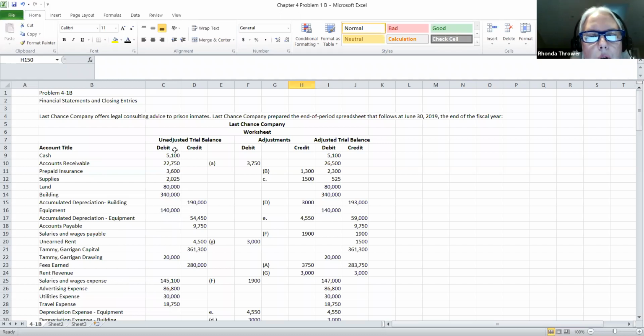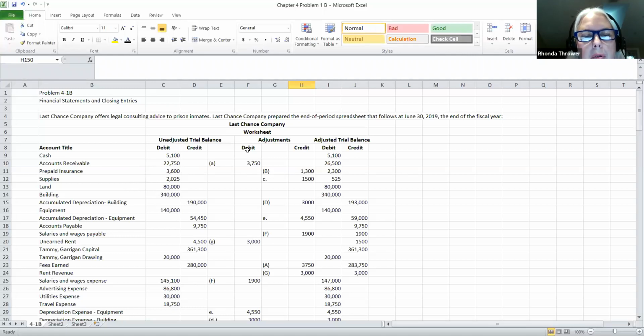You'll remember in chapter 2, we learned how to journalize original entries or your day-to-day entries. And then we learned how to post those to ledger accounts. And then once we got them posted to our ledger accounts, we learned that you would prepare an unadjusted trial balance, which is just a restatement of all your ledger accounts and your ending balances.